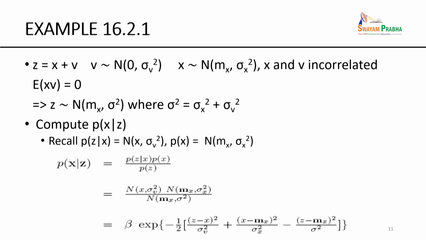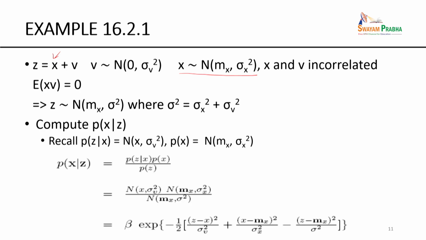Now I'm going to work a couple of examples to illustrate the Bayesian formulation. First, I'm going to work with a scalar case, then I'll work with a vector case. So X is an unknown, which is a scalar. X is a random variable.